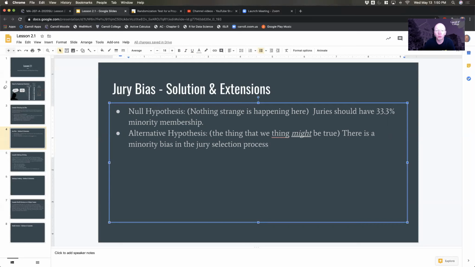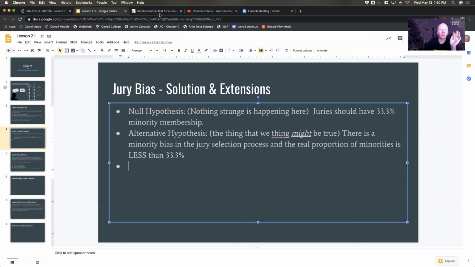So there is some sort of minority bias in the jury selection process, and the real proportion of minorities is less than 33.3%.